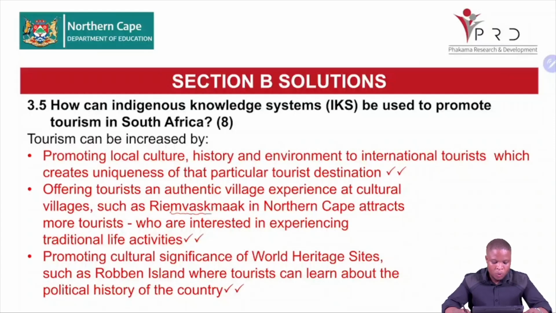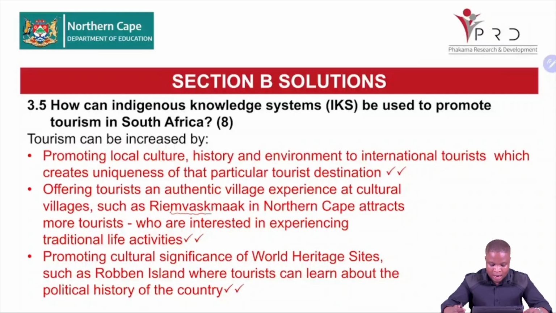All right, so it will attract those who are interested in experiencing traditional life activities. Promoting the cultural significance of World Heritage Sites such as Robben Island, where tourists can learn about the political history of the country.